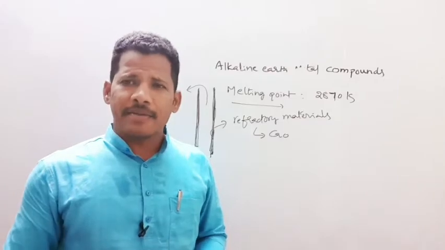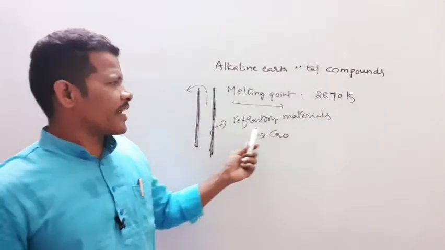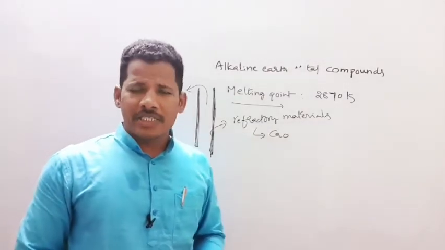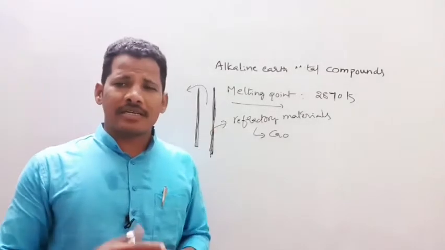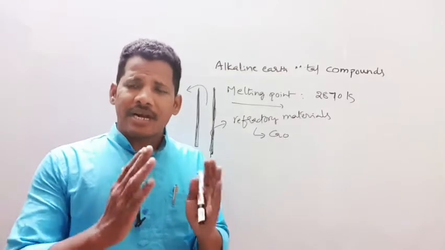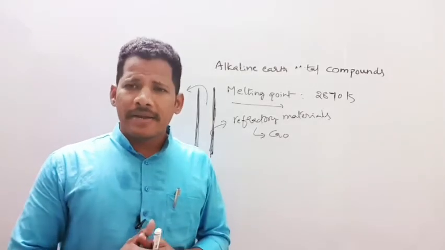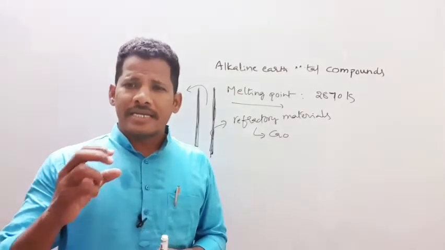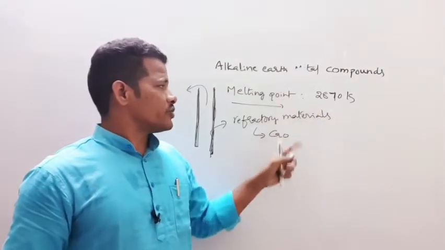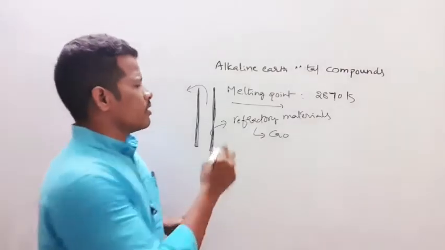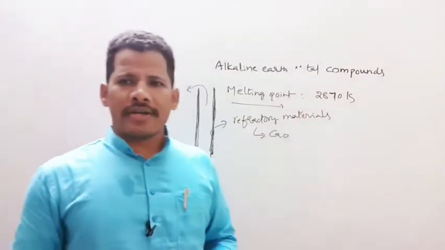That heat resistant materials are called refractory materials. Generally, calcium oxide is used as a refractory material because it stands at high temperature and maintains constant heat inside the apparatus. That's why this substance is used as a refractory material, because of its high melting point.